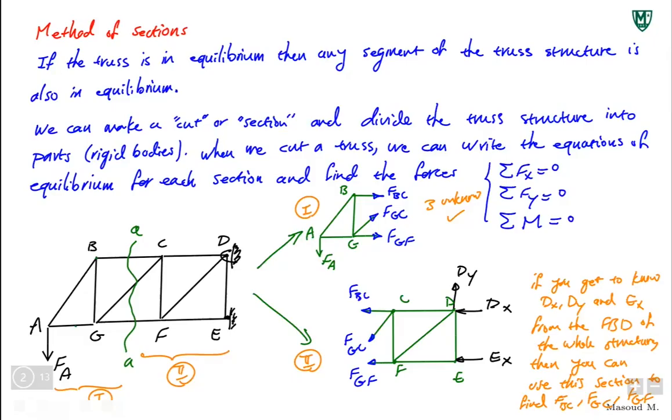Always go with the assumption if you don't know, like what I did here, I said all these members are under tension. Then eventually you're going to get the number, and the number would be positive or negative. If you get positive, you made the right assumption. If you get negative, you made the wrong direction, and you have to switch the direction of the force. So that's less of a problem.